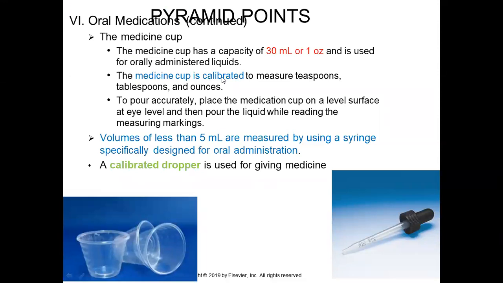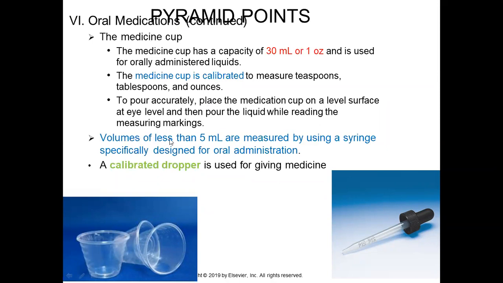The medicine cup is calibrated, meaning numbering is there. To pour for measurement, place the medicine cup on a level surface at your eye level and then pour the liquid while reading the measurement mark.